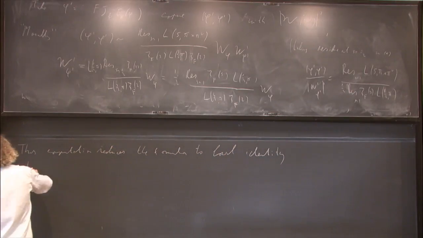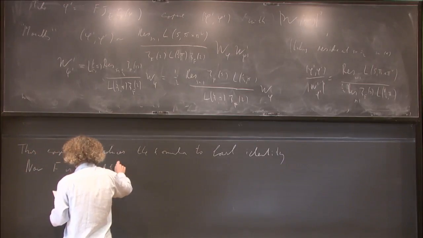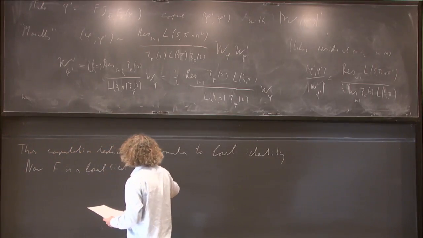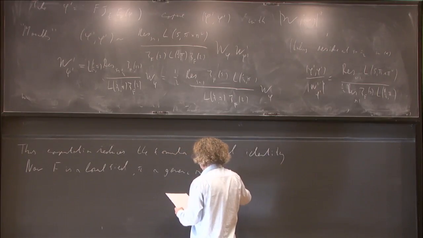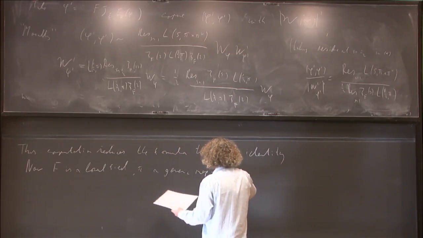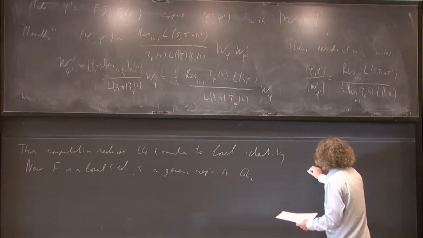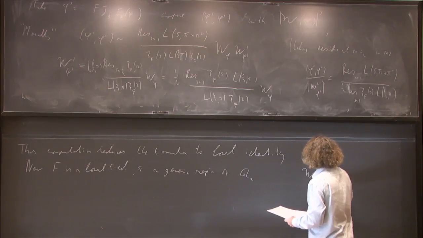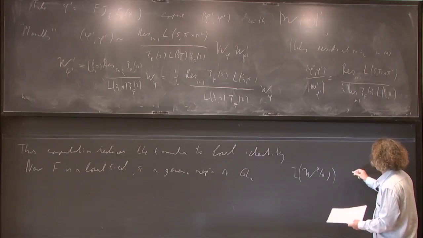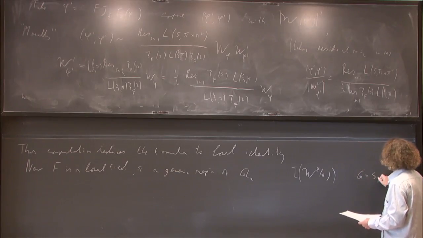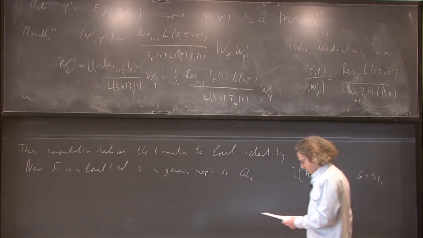So from now on, F is a local field, and pi, let's say, a generic representation of GL2. But soon it will be on PGL2. I can look at the Whittaker model of pi, and I can look at the induced picture in SP2, and I can do the same construction.